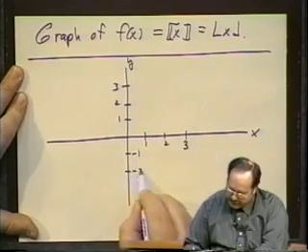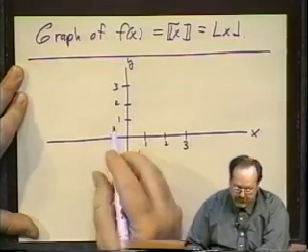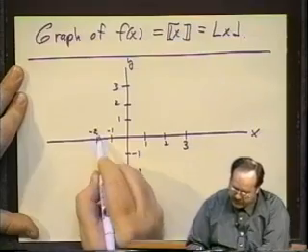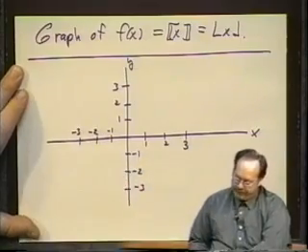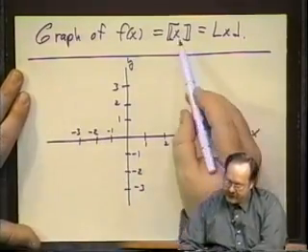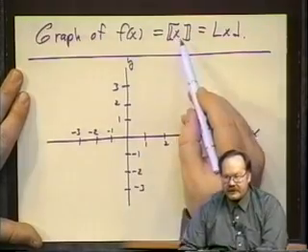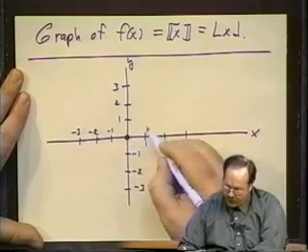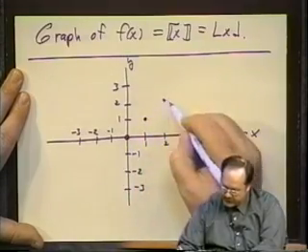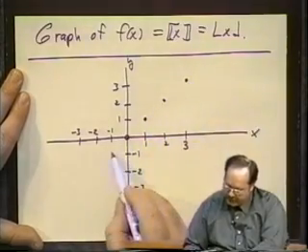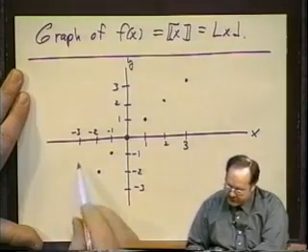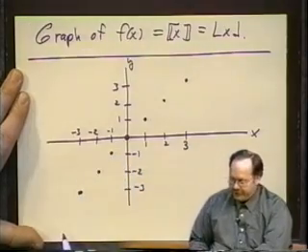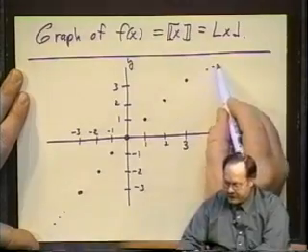This is minus 1, minus 2, minus 3, and then minus 1, minus 2, minus 3 there. Now, the integer put into the greatest integer function, or the floor function, is equal to itself. So 0 goes to 0, 1 goes to 1, 2 goes to 2, 3 goes to 3, etc. Minus 1 goes to minus 1, minus 2 to minus 2, and minus 3 to minus 3. Of course, this will then continue off to infinity.